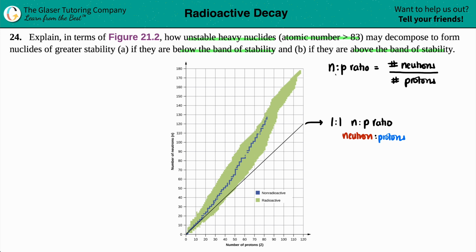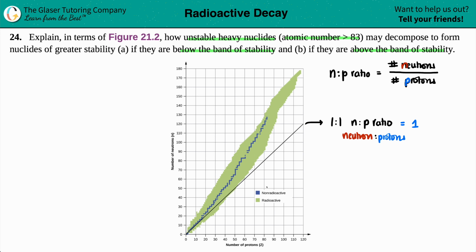Since it's an NP ratio and the N came first, the neutrons are in the numerator, and the P came last, so the protons are in the denominator. When you divide neutrons by protons, you should get some type of decimal value. But if you have 5 neutrons and 5 protons and you divide them, you get 1. So that's this black line.